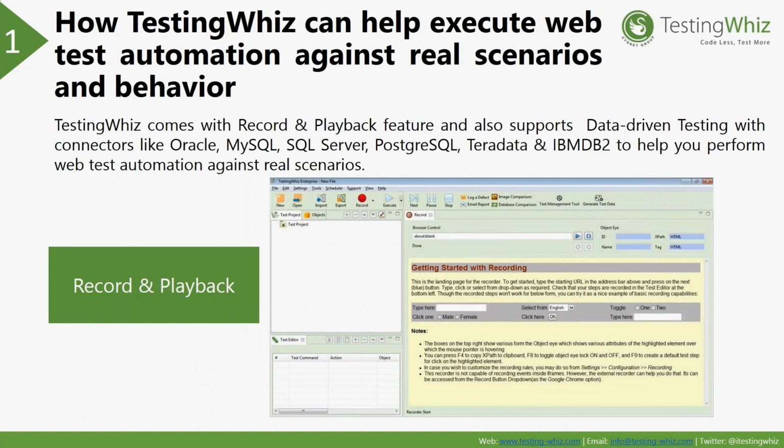Talking about TestingWhiz, we allow the ability to record and play back, and we also support data-driven testing.